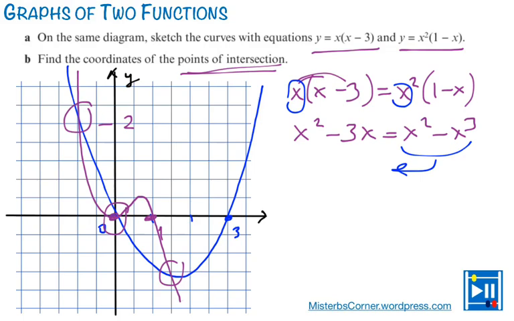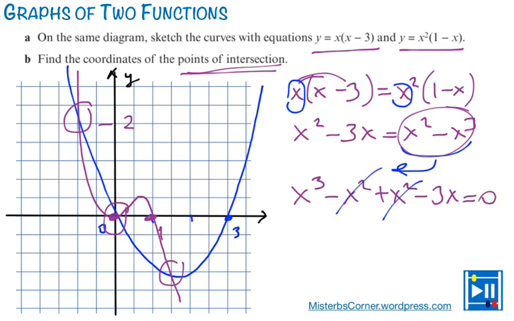Let me write this down first. x cubed minus x squared, I took these to the other side, plus x squared minus 3x is 0, and minus and plus, these cancel each other out. I'll have x cubed minus 3x equals 0.